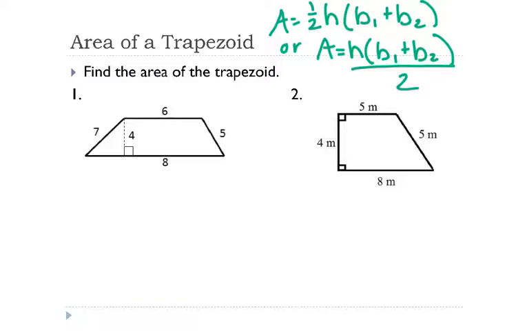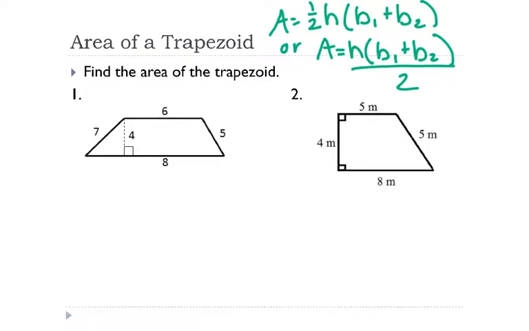So, there's a bunch of numbers in number 1. However, 7 and 5 are not associated with parallel sides, because if I were to extend those out, they're eventually going to cross. And can parallel sides ever cross? No, they can't.